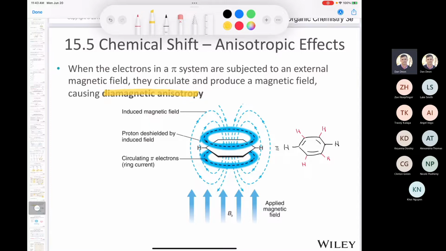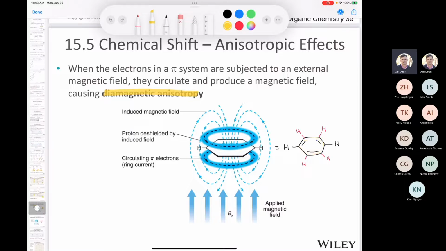Very cool. So see if you can follow along with me. If you take benzene and put it in an NMR spectrometer, you subject it to the externally applied magnetic field. What that does is it causes all the pi electrons in that ring to start going around, and they create a magnetic field.